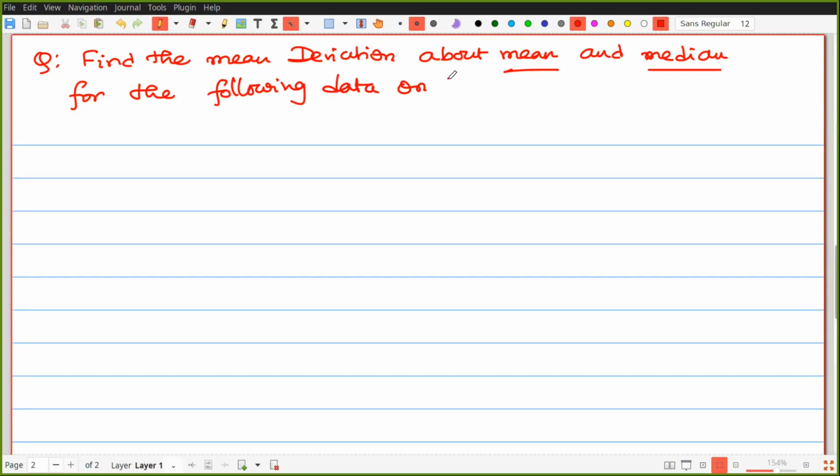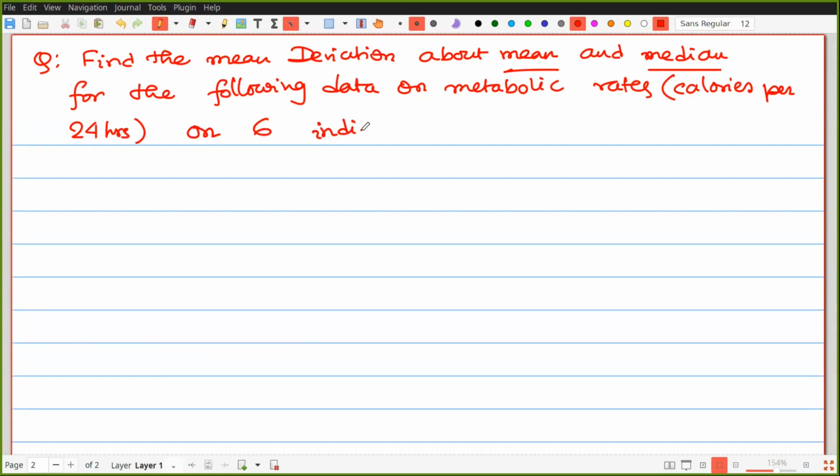on metabolic rates. Suppose that one unit is given as calories per 24 hours on 6 individuals who took part in a study of dieting.